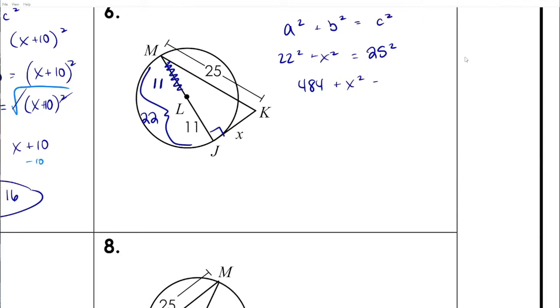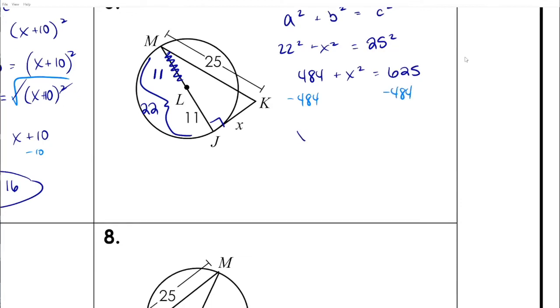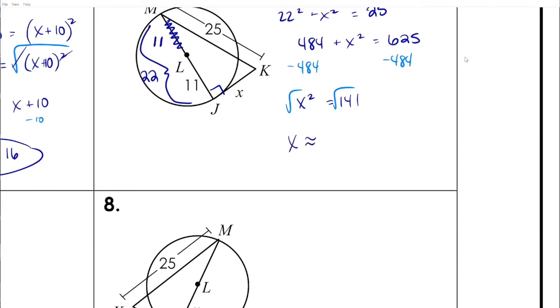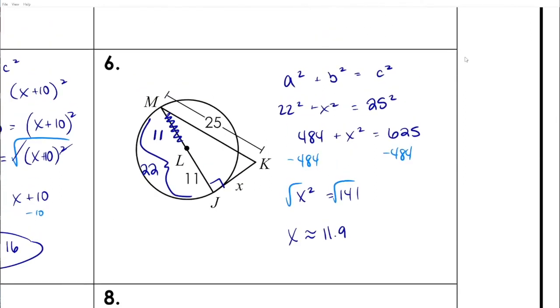Plus x squared equals 625, excuse me. Subtract 484 from both sides. X squared is 141. And then to undo our square, we're going to square root both sides. So x is approximately 11.9. So don't let them trick you with the missing radius.